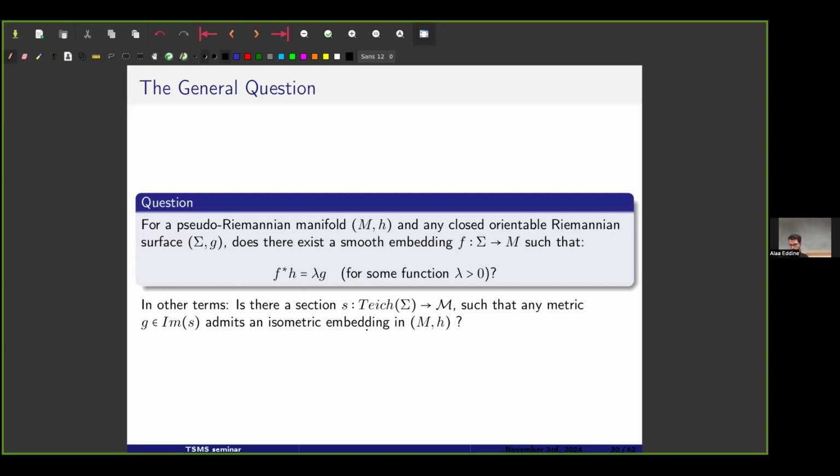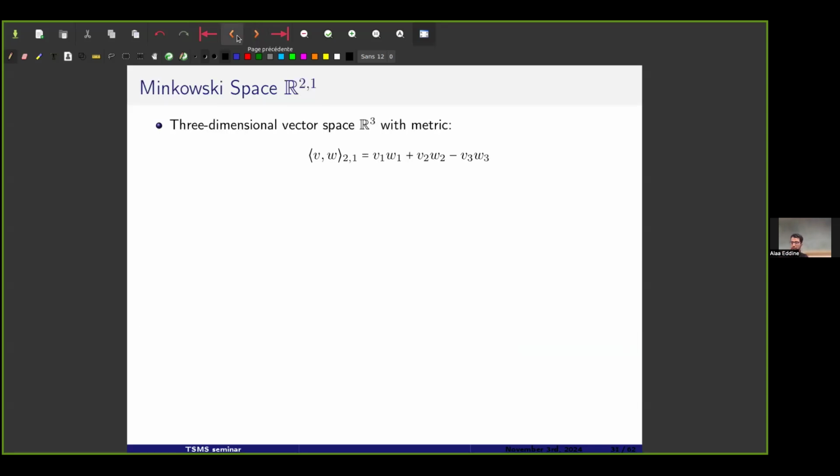In other terms, can we find a section from Teichmüller space to the space of metrics such that any metric in the image admits an isometric embedding? And the answer is no in general, because we don't always have space-like embeddings.